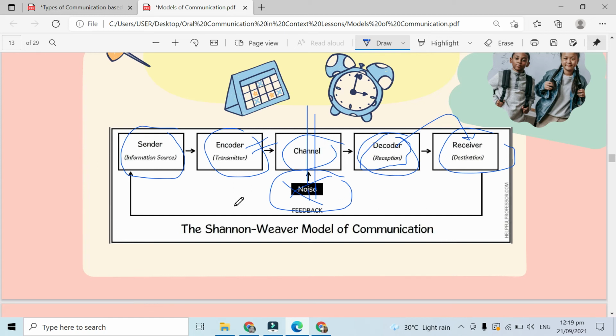Another one is when you are talking to someone and you pass by a construction site or someone is drilling, it will give you difficulty in understanding the other person, and at the same time you will not be understood by the person you are talking to. So of course there is a concept of feedback. Whether or not the receiver understood the message, he or she will give feedback.